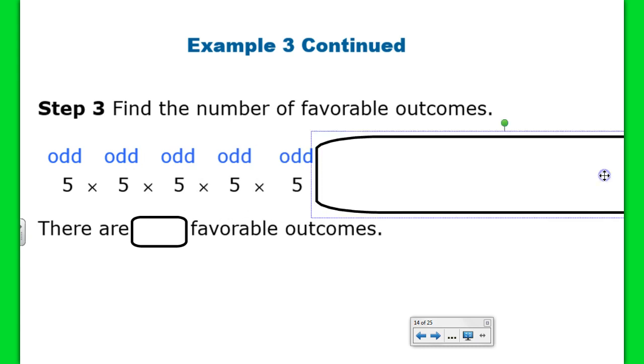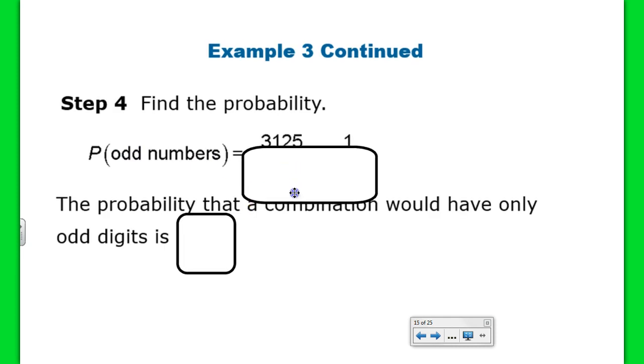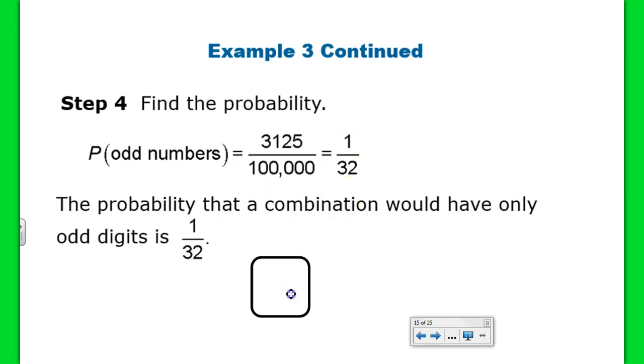So when we put that together, we see there are 3,125 odd. Those are our favorable outcomes. So to find the probability, we take our number in favor, 3,125, over the total possible, and we can reduce. So the probability that a combination would have only odd digits is 1 out of 32 combinations.